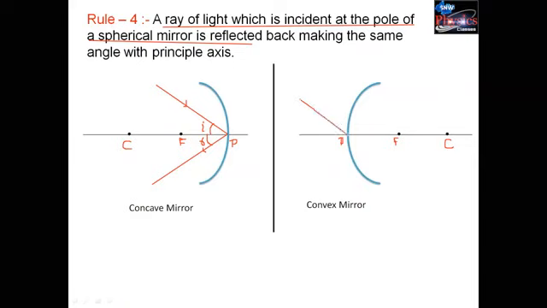When a ray of light is incident on the pole, it is sent back making the same angle. Same angle means the angle of incidence and the angle of reflection. It is the incident ray and it is the reflected ray.